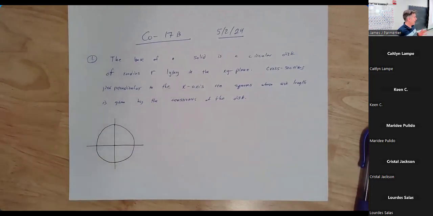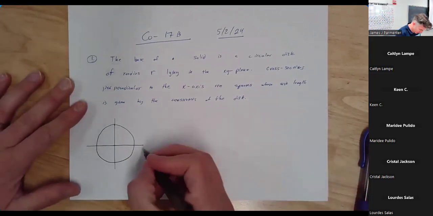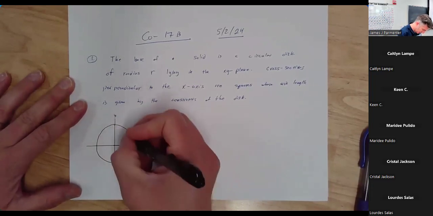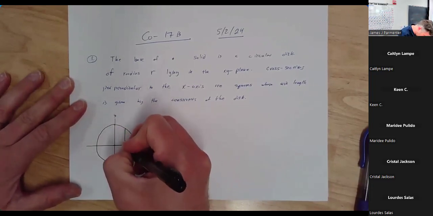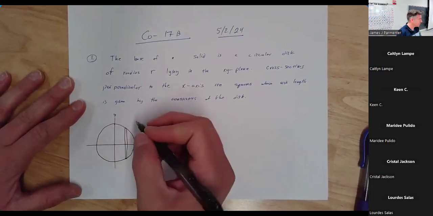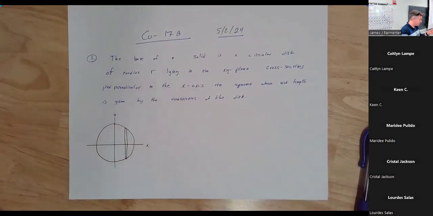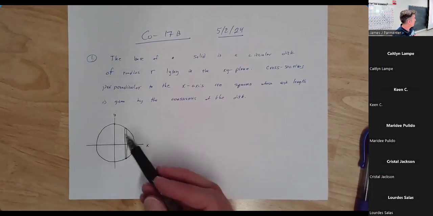And then sticking up out of it into the third dimension are squares, which are not typically great to draw in this sort of perspective. So I'm going to label this and then point out that this little strip here, which is perpendicular to the x-axis, that strip is the side length of my square. But then the square is going to pop up out of the page into the third dimension, which again is not the best perspective to draw it from.